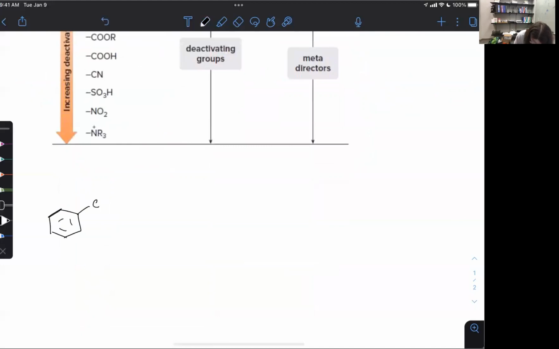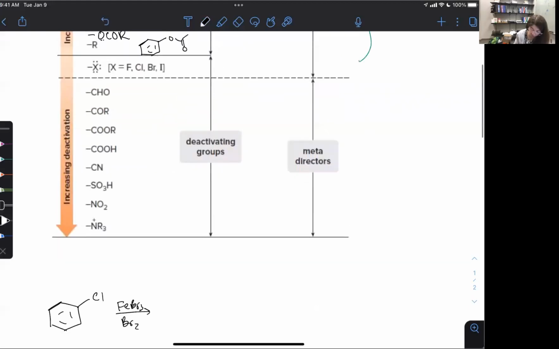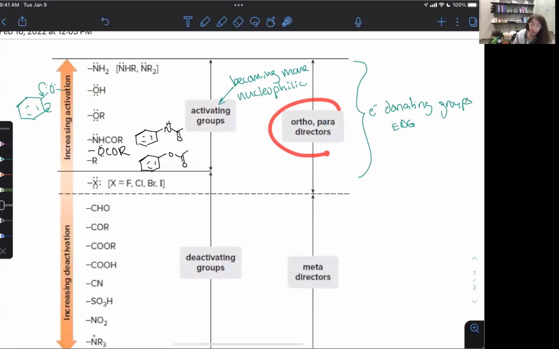If we look at an example here, let's just go with chlorine. Most of the halogens are going to behave the same way, so we can generalize them. If I have this reaction, and let's say we do a bromination, according to this table it's going to end up ortho-para.